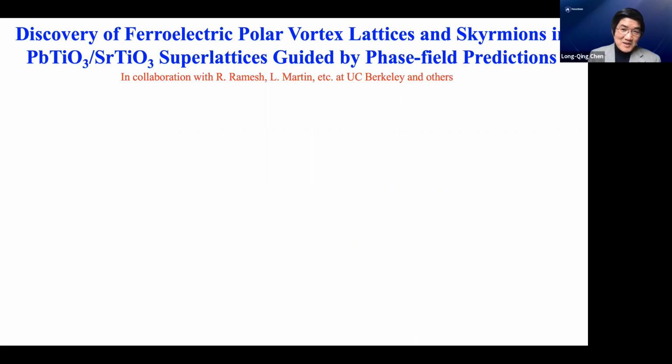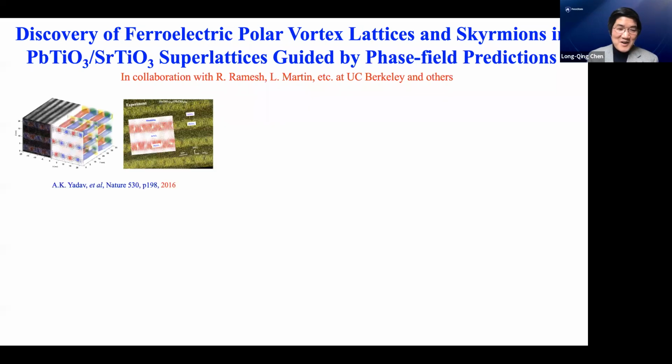Guided by phase-field simulations, we literally predicted first under what kind of periodicity of the superlattice, and under what substrate, you can achieve such a periodic vortex, which means the polarization is rotating rather than along specific directions, as most people believe in conventional ferroelectric crystals.